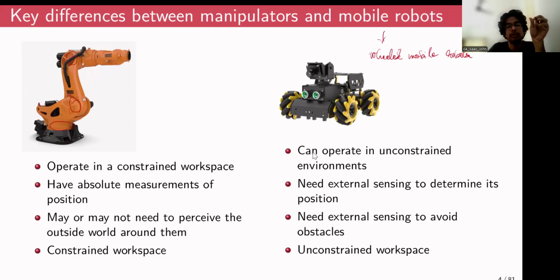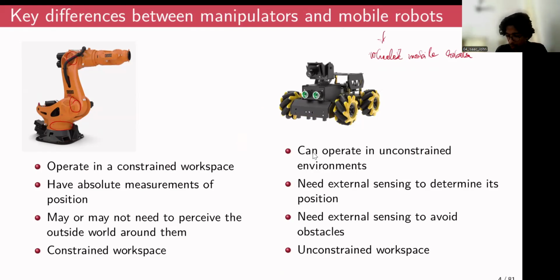Based on that encoder reading, you can plug those values into a kinematic model, and as a result, you can estimate the coordinates of each and every point of that robot. You don't need any other external sensing.